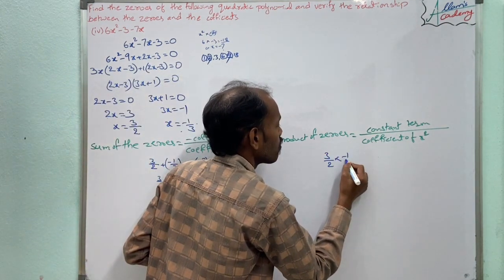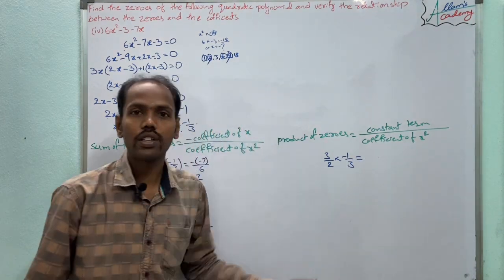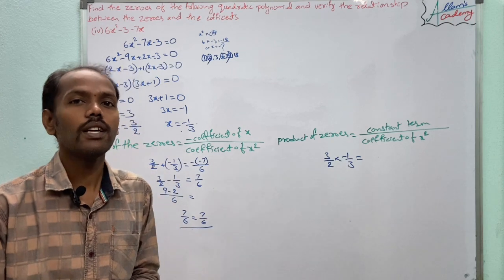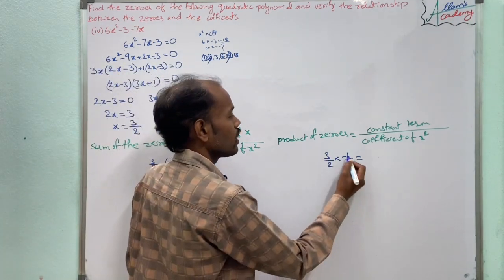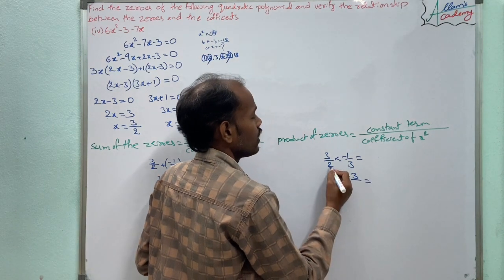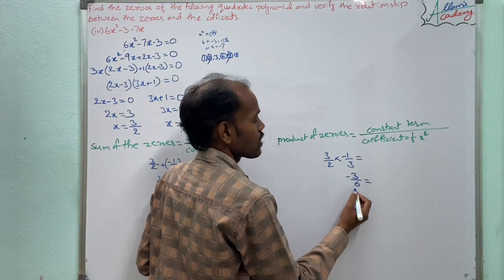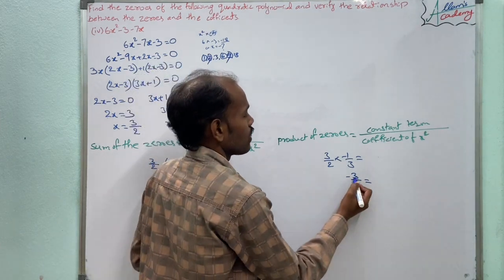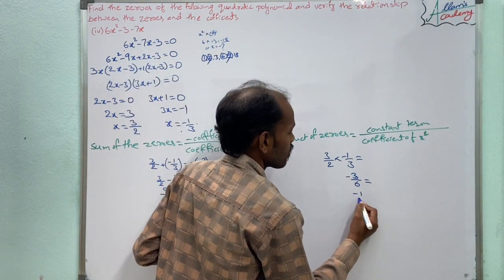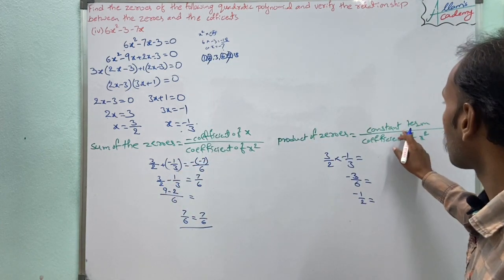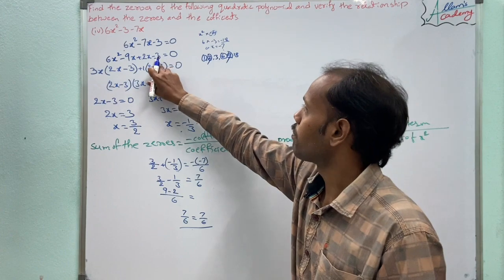Multiplying the two numbers: numerators multiplied, denominators multiplied. 3 into minus 1 is minus 3, and 3 times 2 is 6. Both go in the 3 table, so 3 ones are 3 and 3 twos are 6, giving minus 1 by 2.